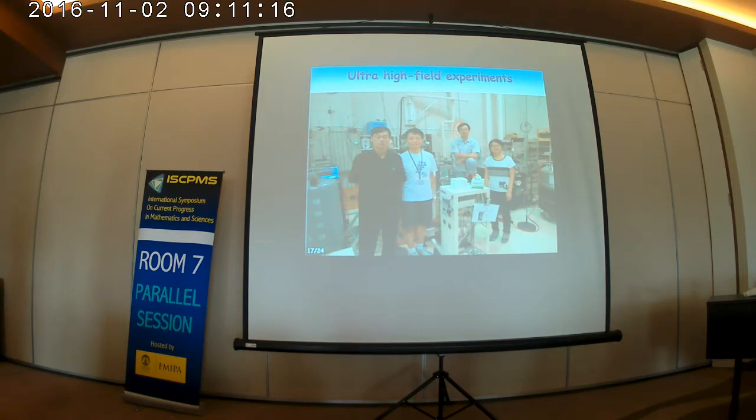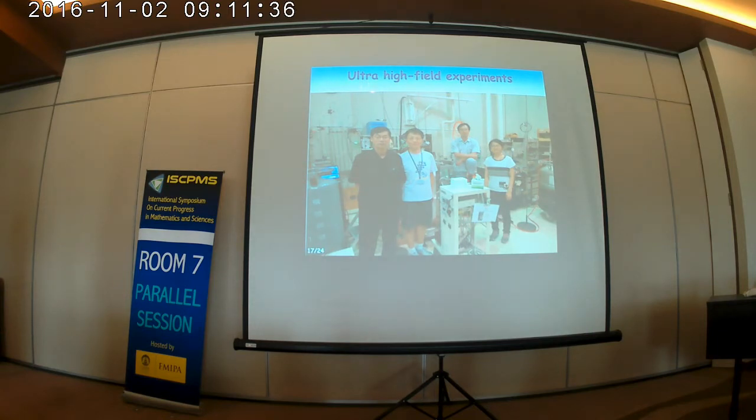We are cooperating with Professor Takeyama and trying to apply a very, very high magnetic field. As I just said, if you apply the field, the carrier will try to make a circle. There's a cyclotron resonance frequency.